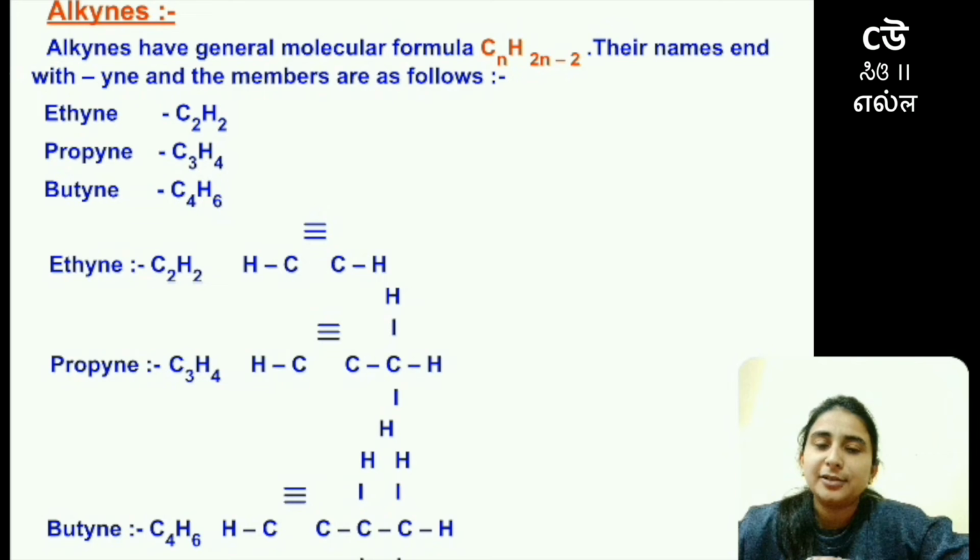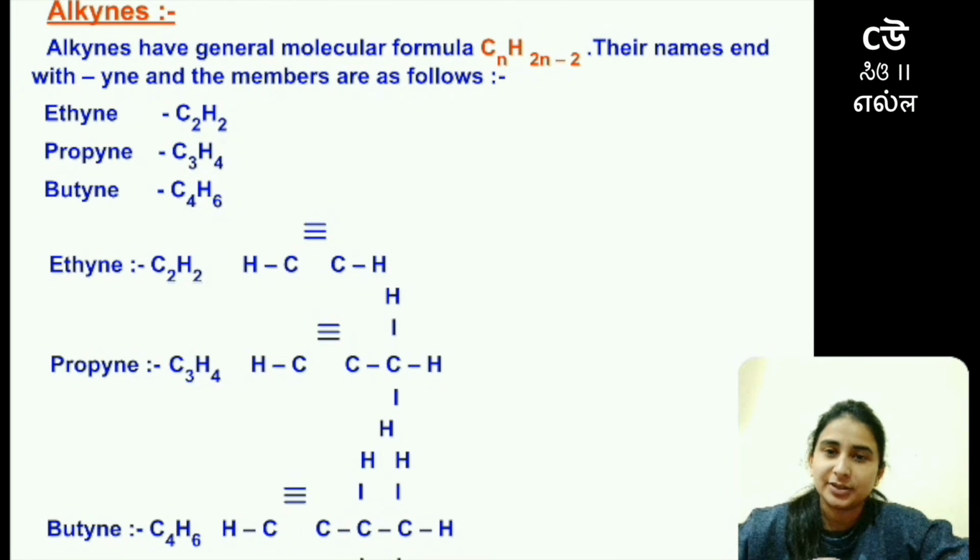Alkanes have the general formula CnH2n+2. But alkynes have the general formula CnH2n-2. So their name is going to end with "yne". Following that, we'll have ethyne, propyne, butyne, and pentyne as well.